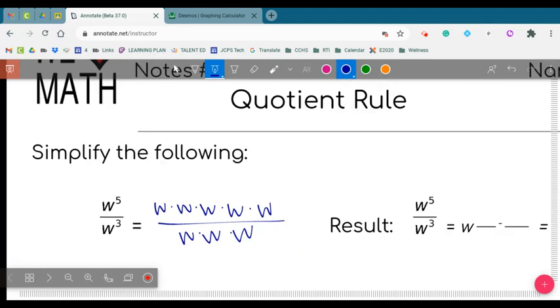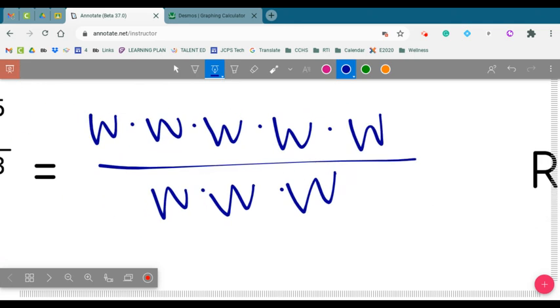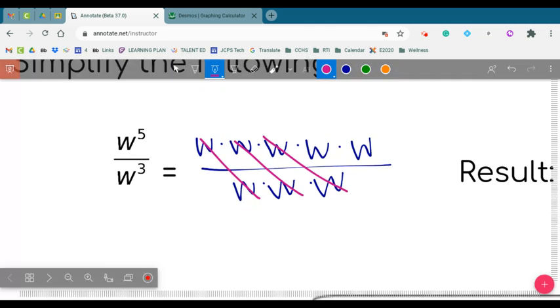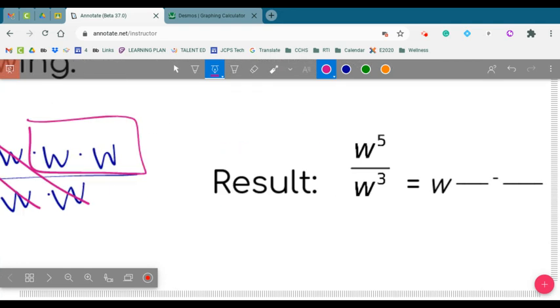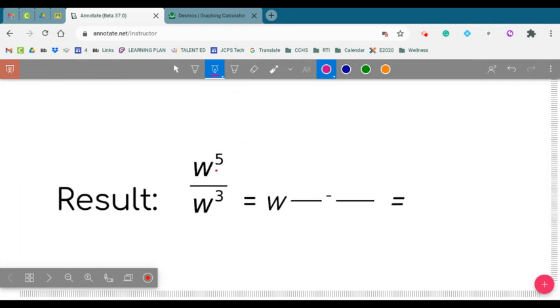Okay, so I want you to think: anything divided by itself equals 1. So anytime I have something over itself, it equals 1. So this one we're only left with 2 w's. I want you to think about this: if we have 5 and 3, we take 5 minus 3, which gives me 2.